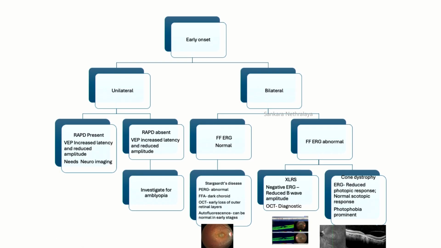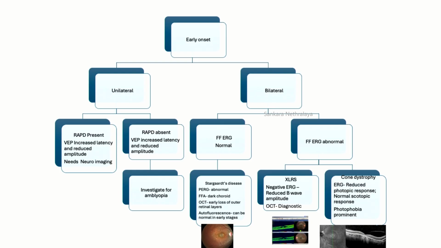Okay. So if full field ERG is abnormal, then it can be X-linked retinoschisis, which is an inner retinal dysfunction, right? Retinoschisis is not an outer retinal dysfunction. So it affects the B wave more than the A wave, because photoreceptors are still okay in the majority of the areas, at least in the early stages. Ultimately, even they get degenerated, but to some extent to start with, photoreceptors are okay.